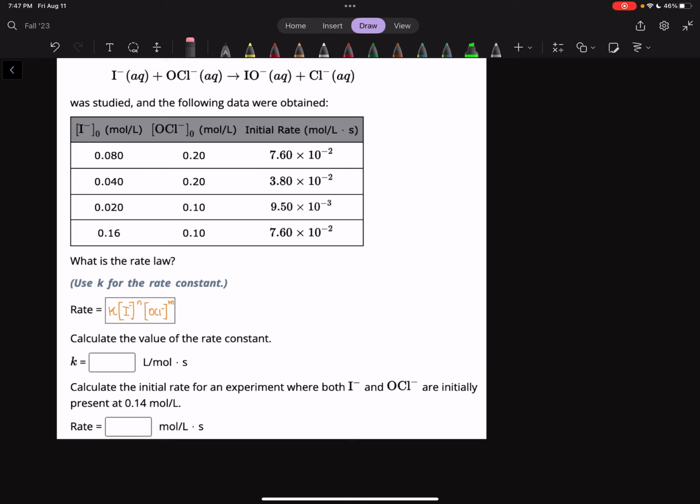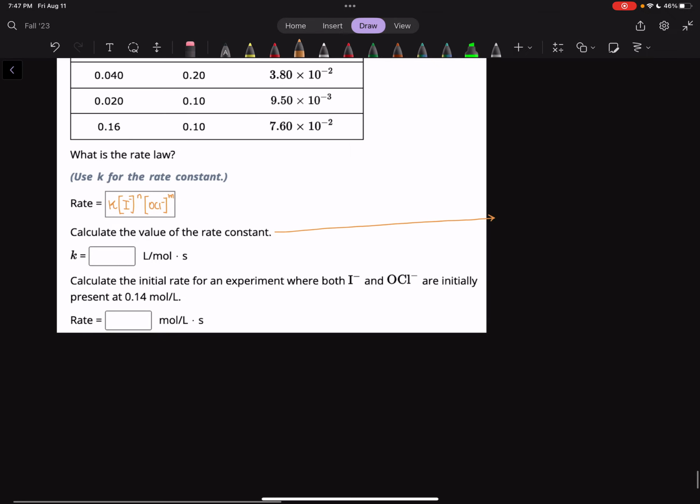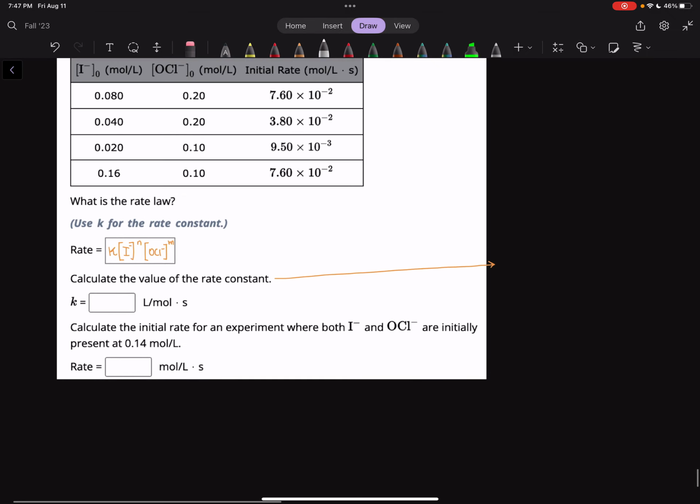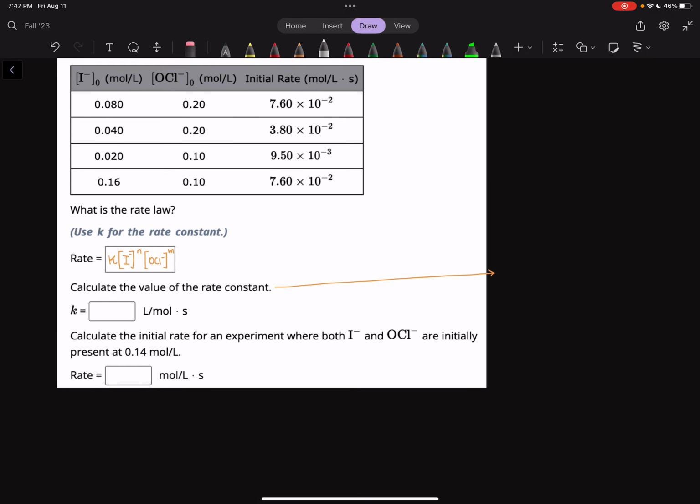Let's now calculate the value of the rate constant. To calculate the value of the rate constant, we have to do a couple things. So I'm going to go over here and we're going to first find a situation in which OCl doesn't change.